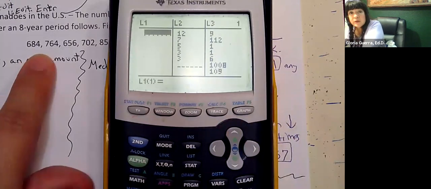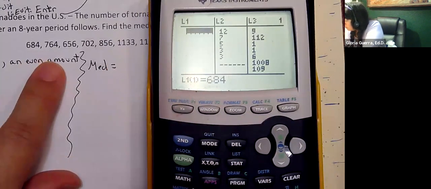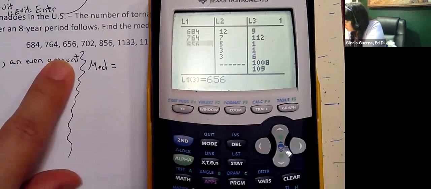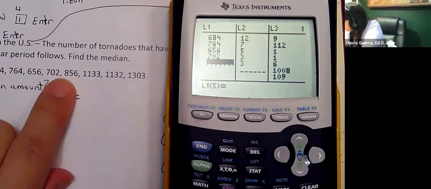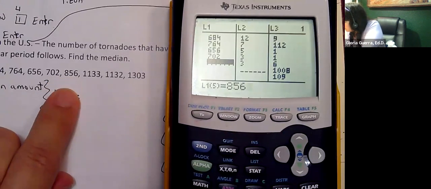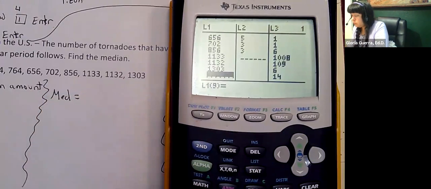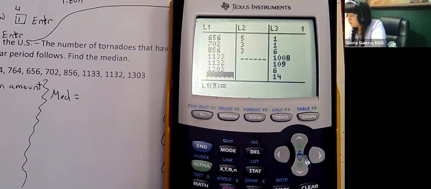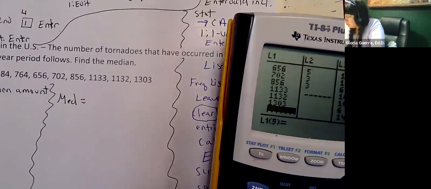So enter your data: 684, 764, 656, 702, 856, 1133, 1132, 1303. So these are tornadoes in the United States. These are the number of tornadoes that have occurred in the United States over an 8-year period.